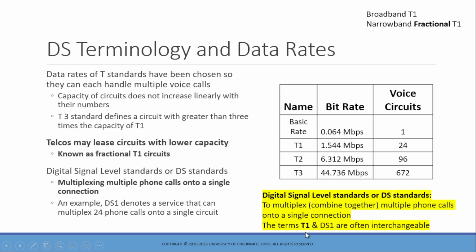Now, T1 and DS1 are often interchanged terms. So we'll use the term T1 here in this video and in this class. But just know that DS standards are also the process of how T1 lines are used.